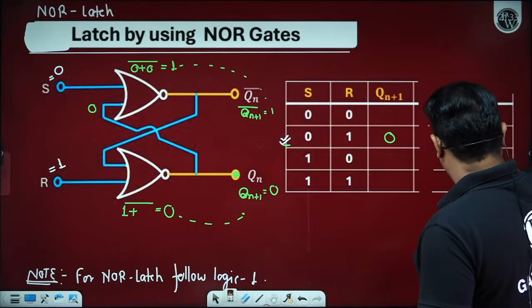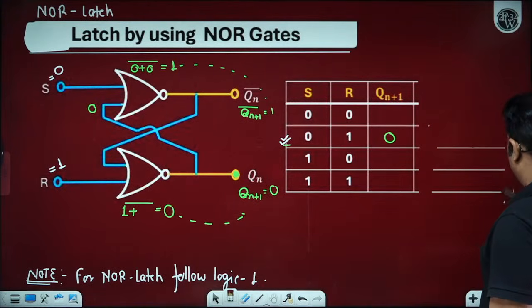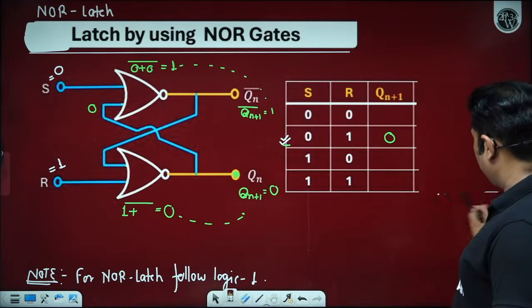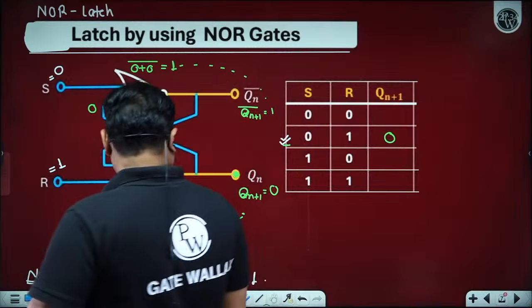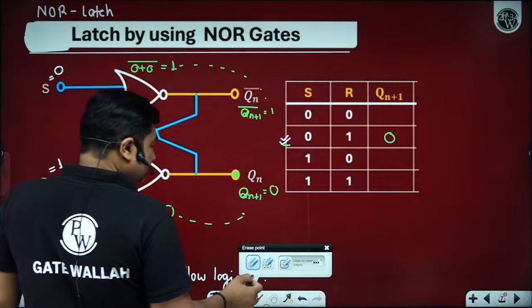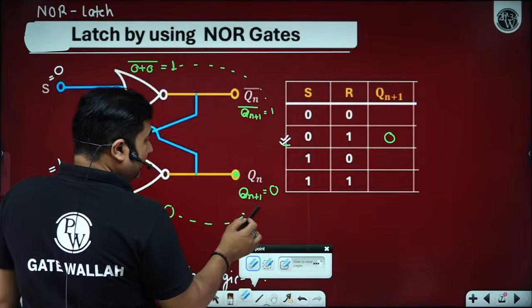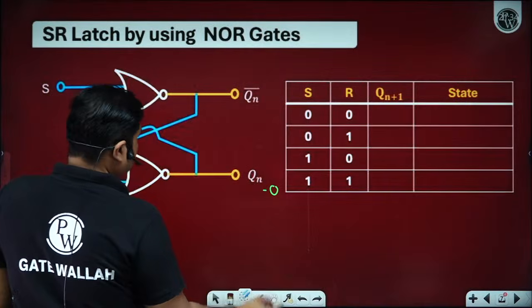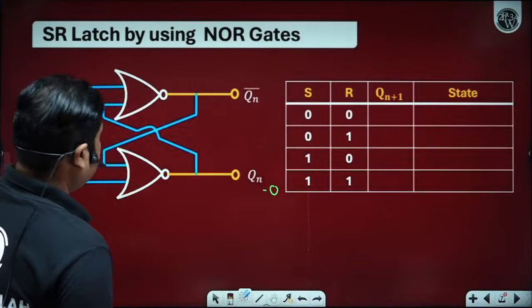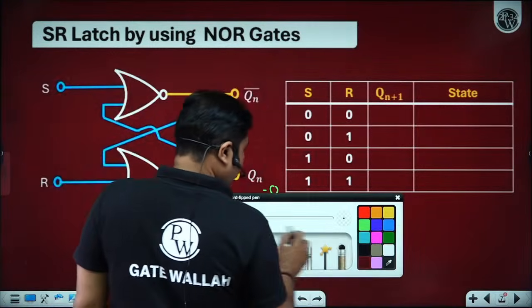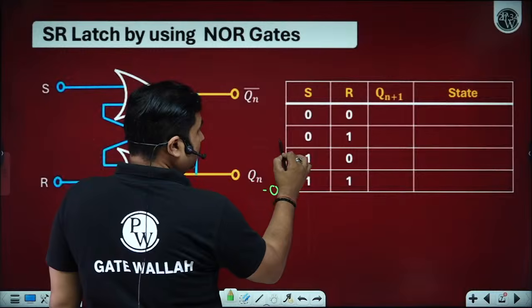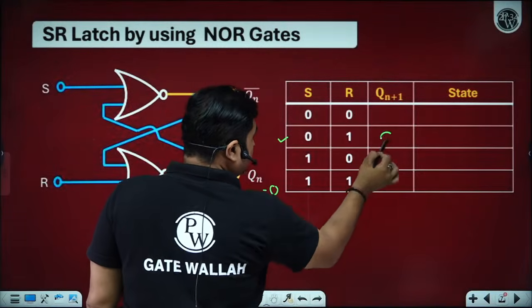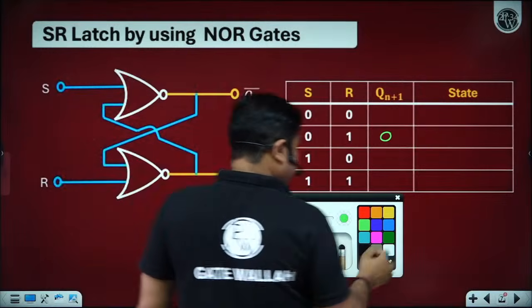How many of you able to understand? Great, sir. For S is equals to 0, R is equals to 1, we are getting logic 0. Is it okay? Yes, sir.